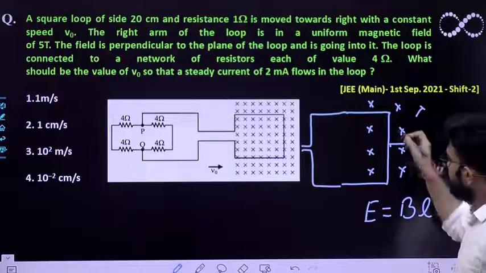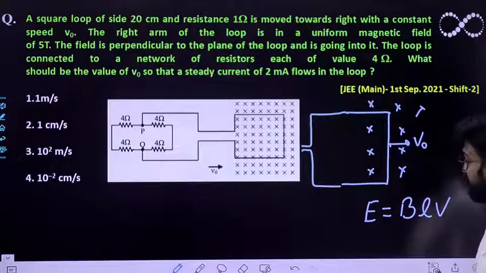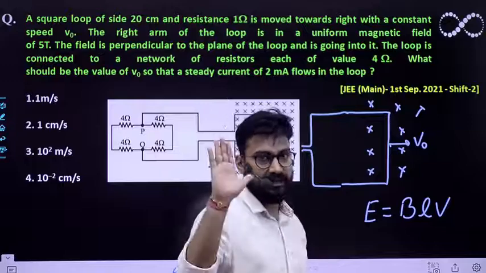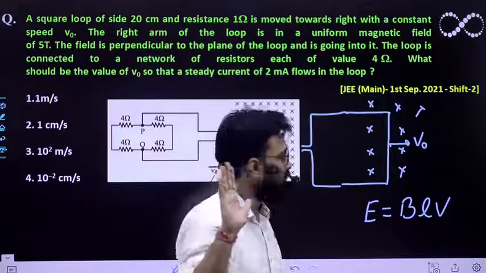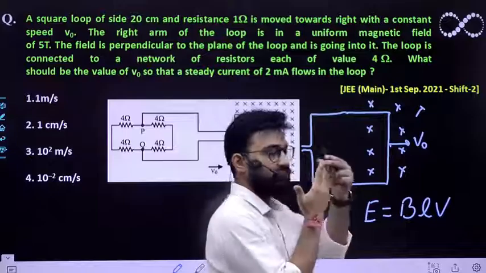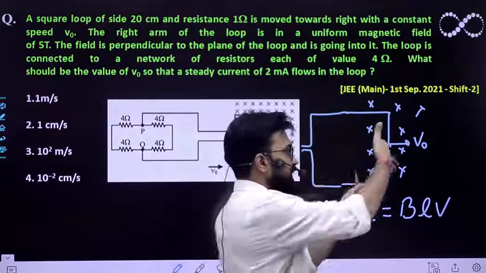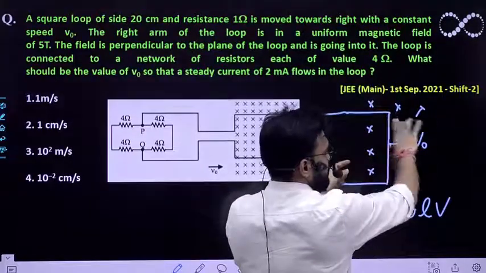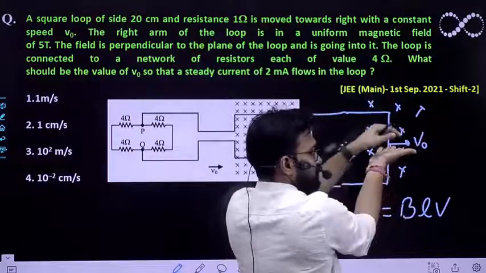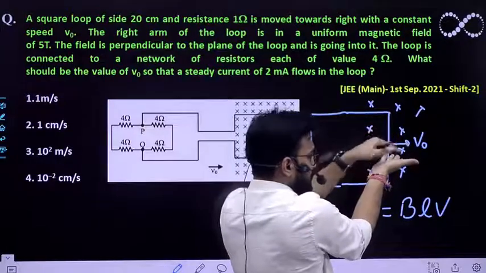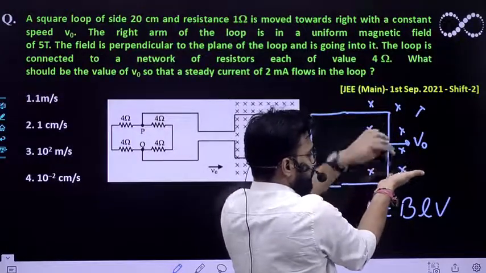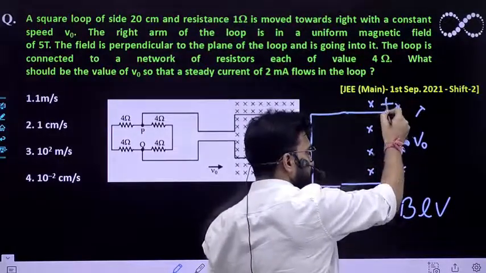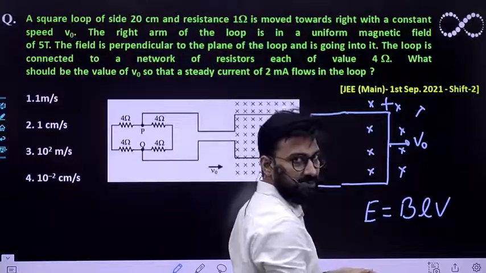And what about the direction? You can easily find out the direction of induced EMF by using the right hand palm rule. What it says is, you have to place your fingers in the direction of magnetic field, and the thumb would be in the direction of motion of this conductor. The palm indicates the positive polarity of the induced EMF.